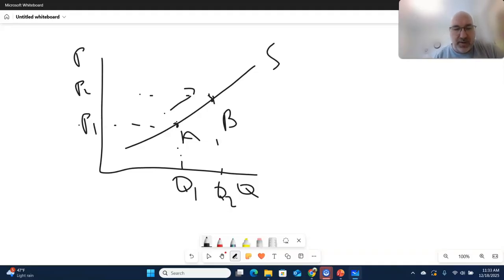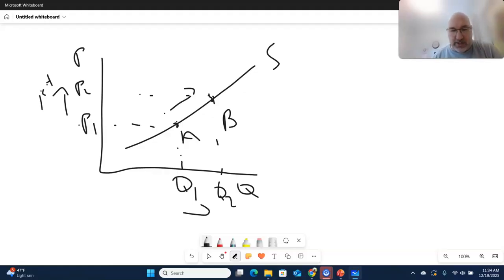All right. So what happened is that price went up. This happened first. And because price went up, quantity supplied went up.